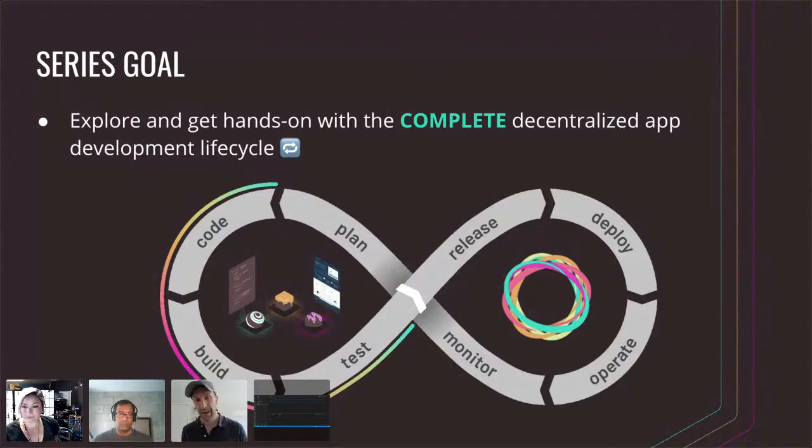Similarly, the ability to more thoroughly monitor the things that you've deployed to a given network. And that's actually now something we have a really strong story for in a tool called Truffle Teams. So given that we now have both parts of the lifecycle covered, we figured, why not do a series where we really get deep into the entire lifecycle.